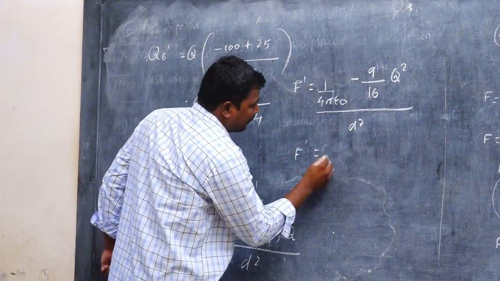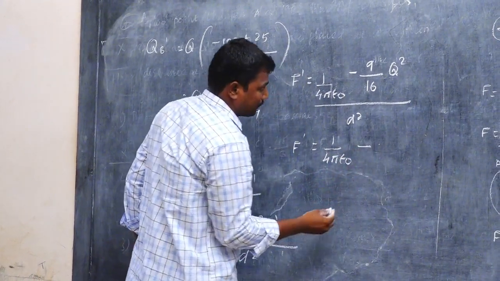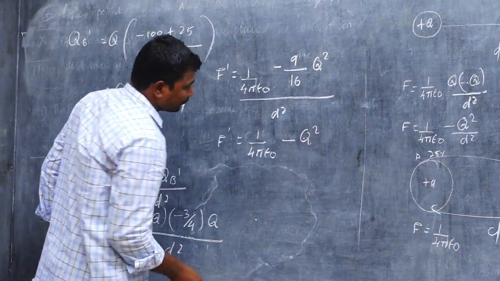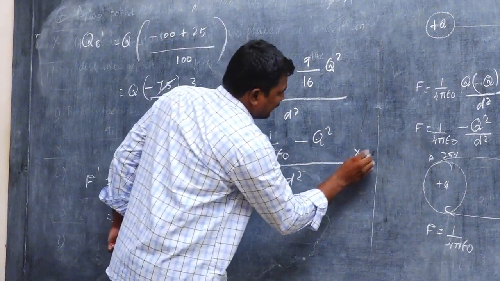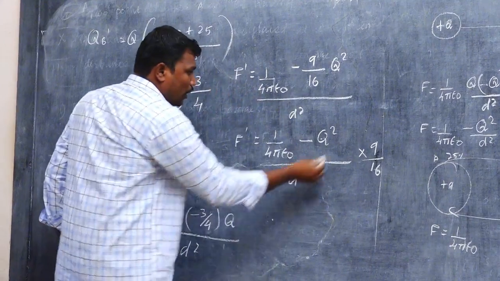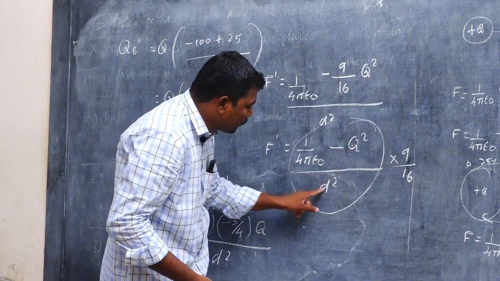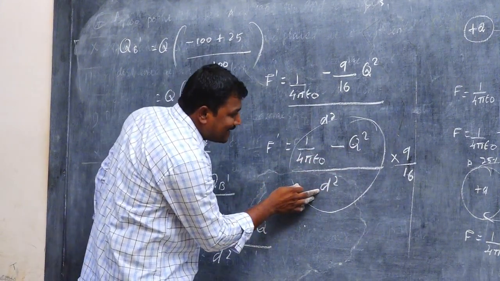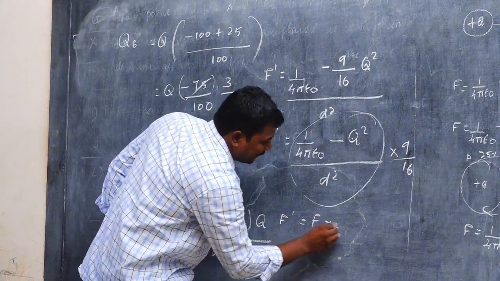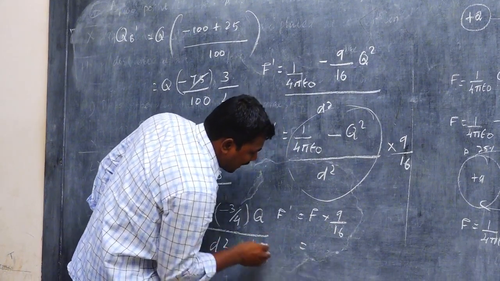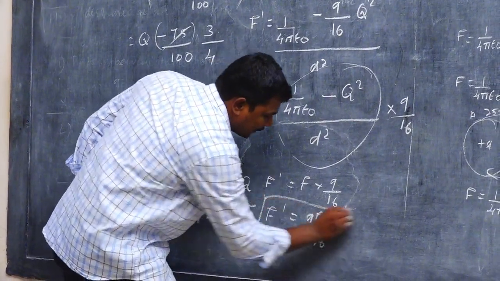F dash equals 1 by 4 pi epsilon naught, minus q square divided by d square, into 9 by 16. You know the previous value, 1 by 4 pi epsilon naught minus q square divided by d square, is F. So F dash equals F into 9 by 16. The answer is F dash equals 9F by 16. This is the suitable answer.